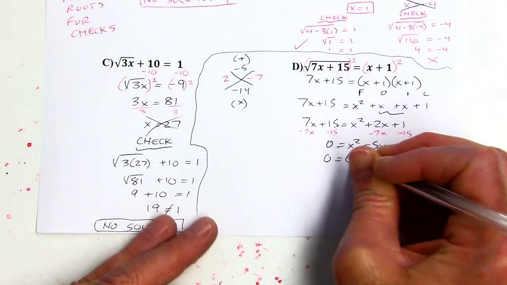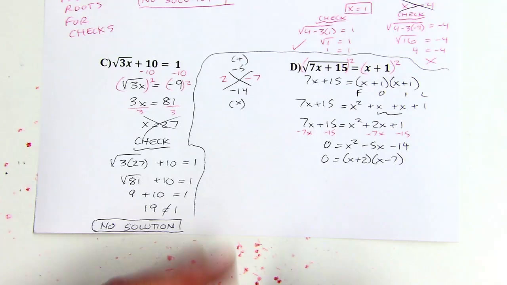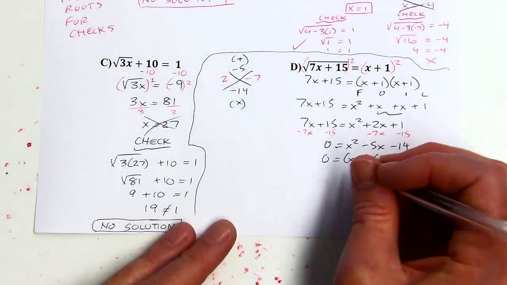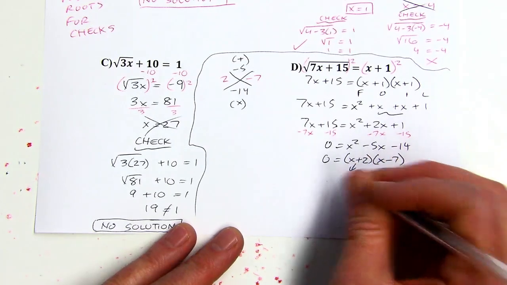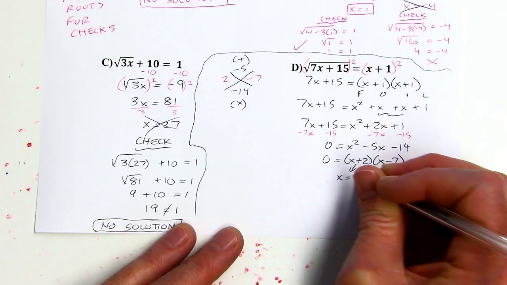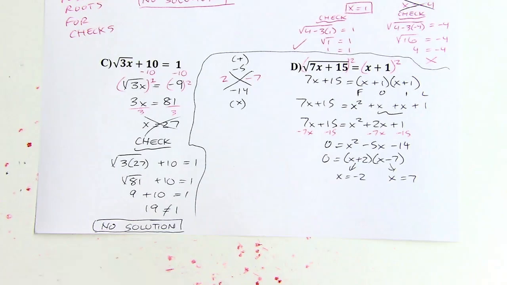So that means this factors into x plus 2 times x minus 7. Okay? And let's see. If x plus 2 equals 0, then x would equal negative 2. And if x minus 7 equals 0, then x equals 7. So there's my two possible solutions.